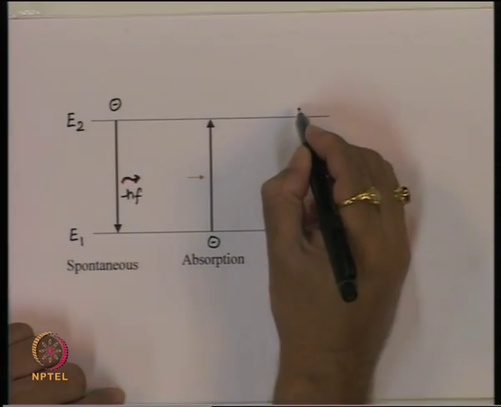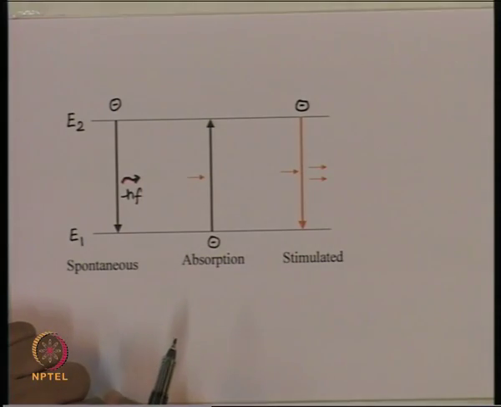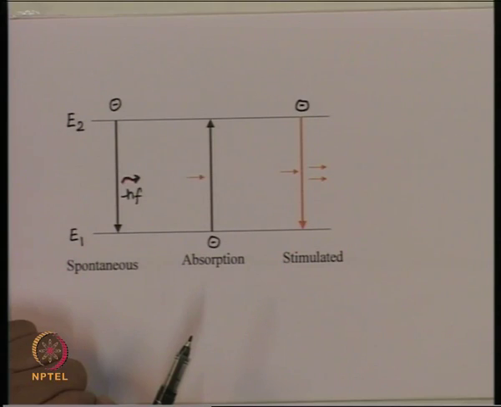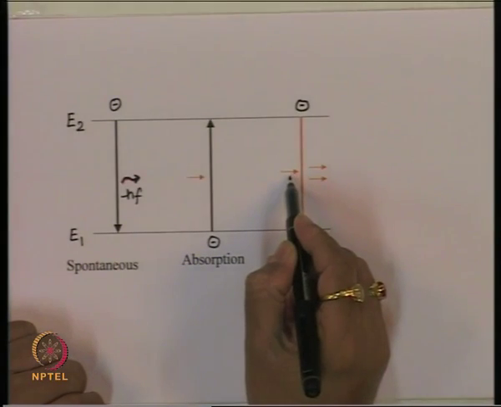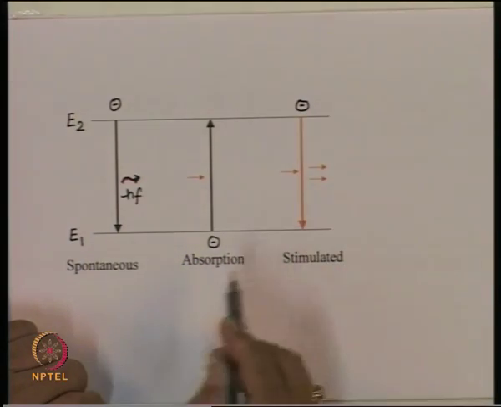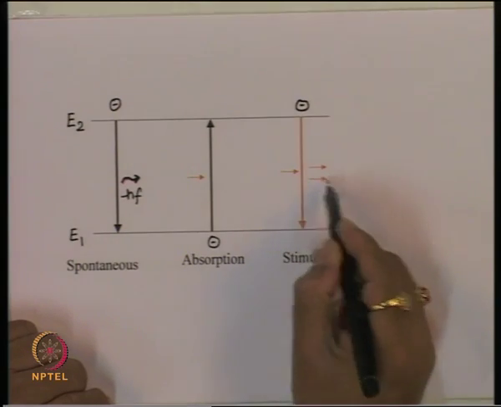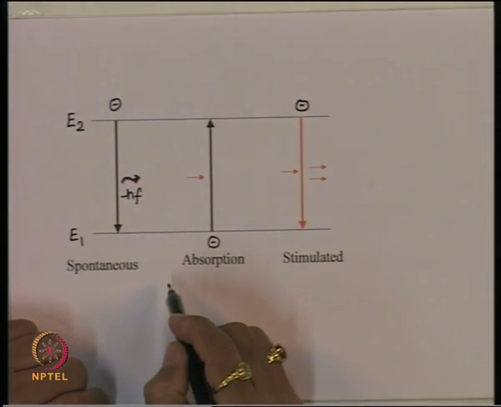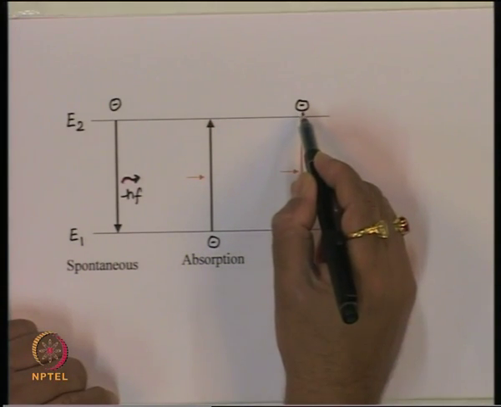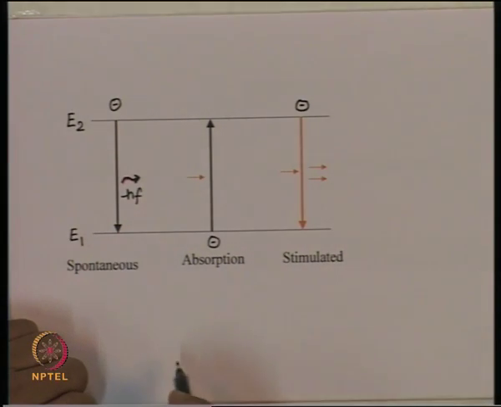And that process is, if you are having an electron in the excited state here, and if a photon is incident onto this system, then this photon may force this electron to jump down, and when this jumping takes place, it will release a photon. So, this original photon will force this electron to jump and emit another photon.